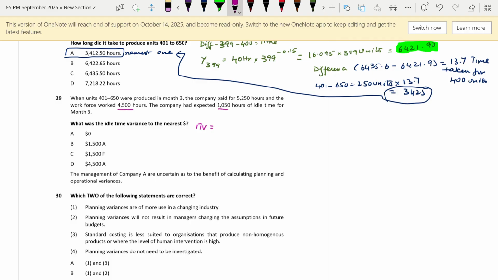Expected idle time is how much? Expected idle time is 105 hours. Use it, okay? Actual idle time is how much? Actual idle time is 5250 minus 4500. Actual is 750 hours. Are you clear about this?